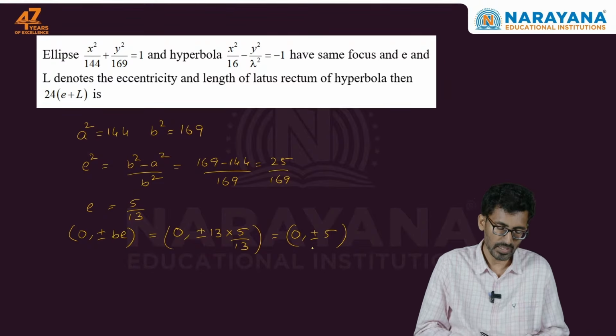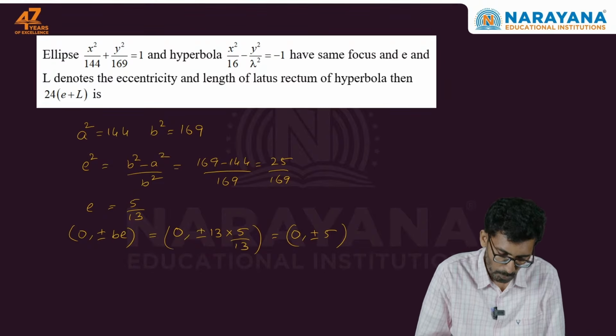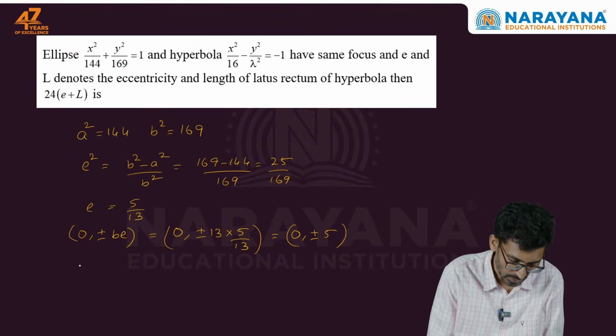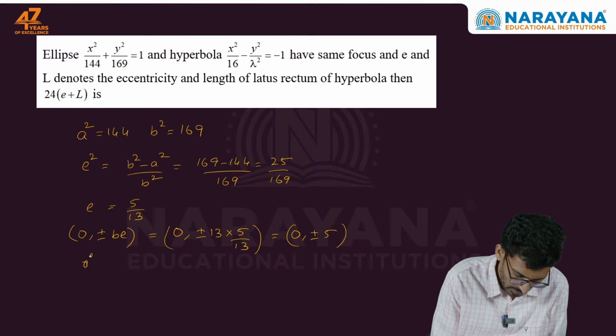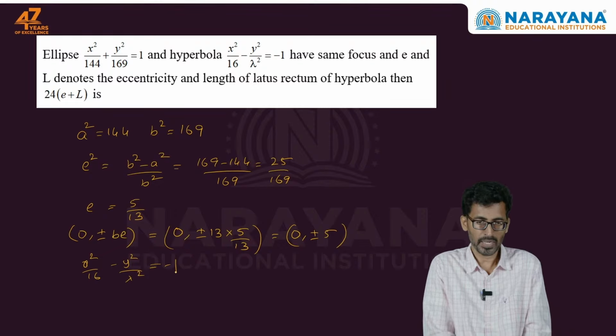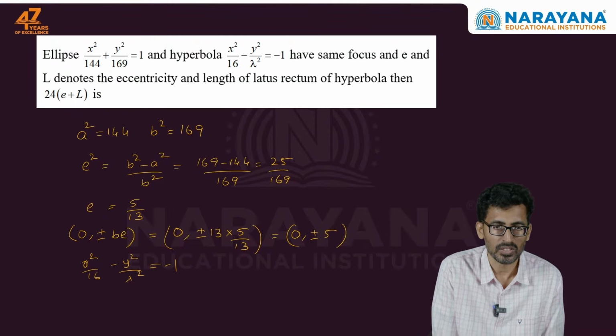This is the focus. And the hyperbola is a conjugate hyperbola, so the equation is x square by 16 minus y square by lambda square is equal to minus 1.